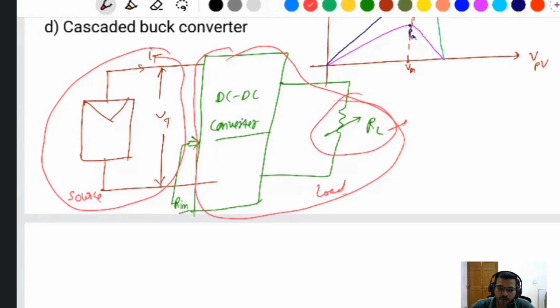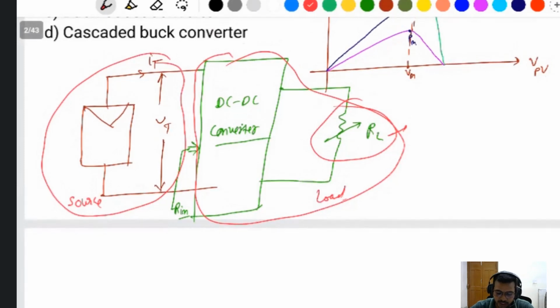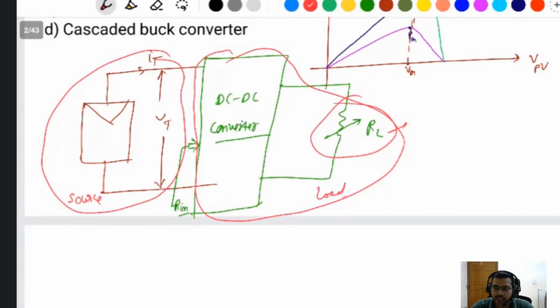That's why first of all find the input impedance of any converter. After that, match the profile to the source PV system. After that, you can see which converter is best suited for the maximum power point.